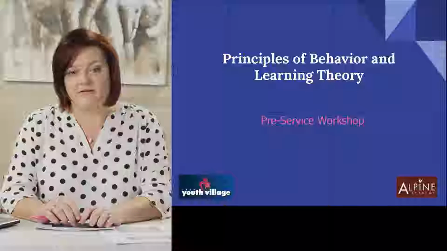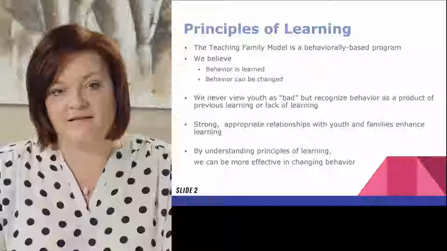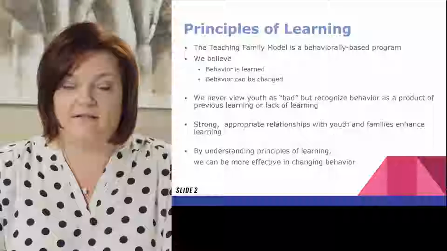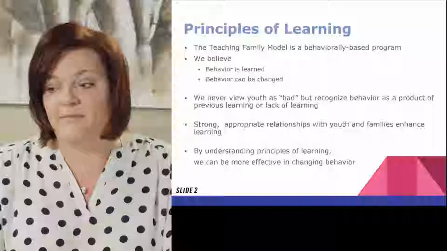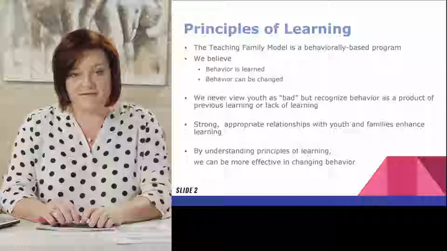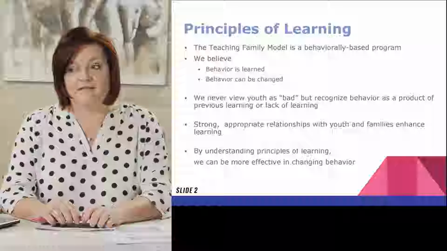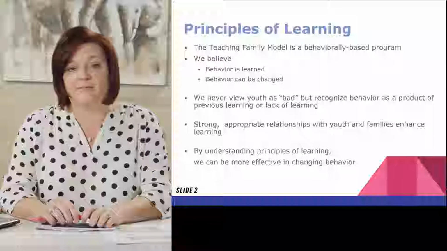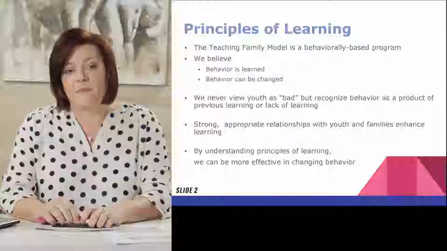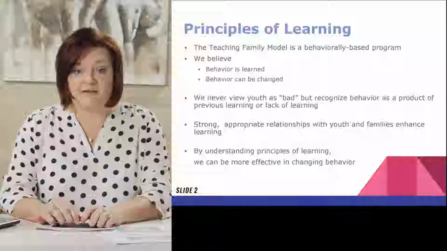to change their behaviors. There are a couple of things that we find foundational about our beliefs about kids. One of them is that we don't believe that there are any bad kids, and we believe that youth or children with bad behaviors can change those bad behaviors through the principles of social learning theory.